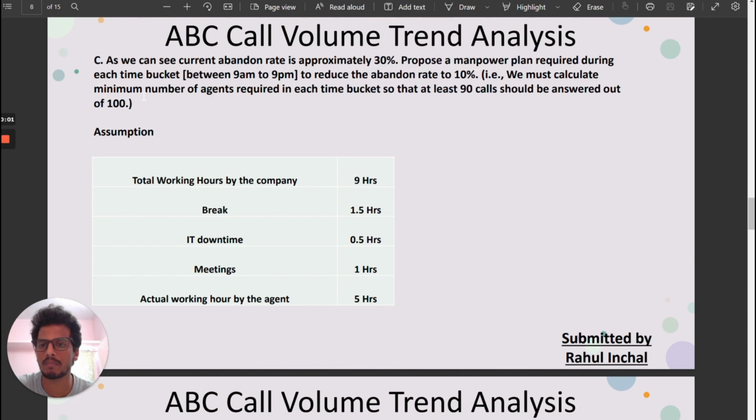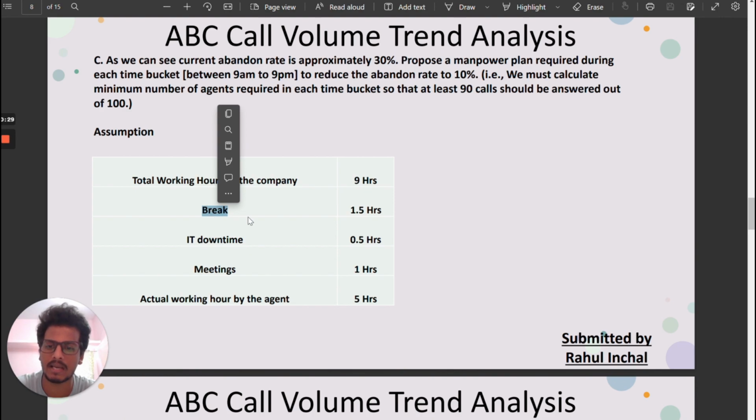That is, we must calculate the minimum number of agents required in each time bucket so that at least 90 calls are answered out of 100. That is 90%, fine. For that we have taken a normal example from an IT standard point of view. Total working hours in any company is 9 hours, which is compliant with the IT labor law of the government of India. 9 hours he or she is supposed to work.